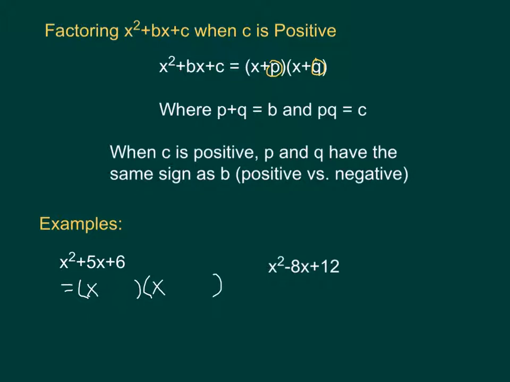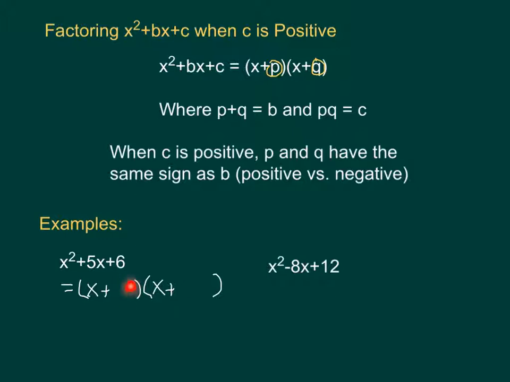Now, because c is positive, as you can see here, c is positive 6, I know that both the number that goes in the first binomial and in the second binomial will have the same sign as the middle coefficient of positive 5. That means I'm going to have pluses in both of these. Once again, the fact that this is positive means that these two things have to be the same as this symbol here. That's why they're both pluses.